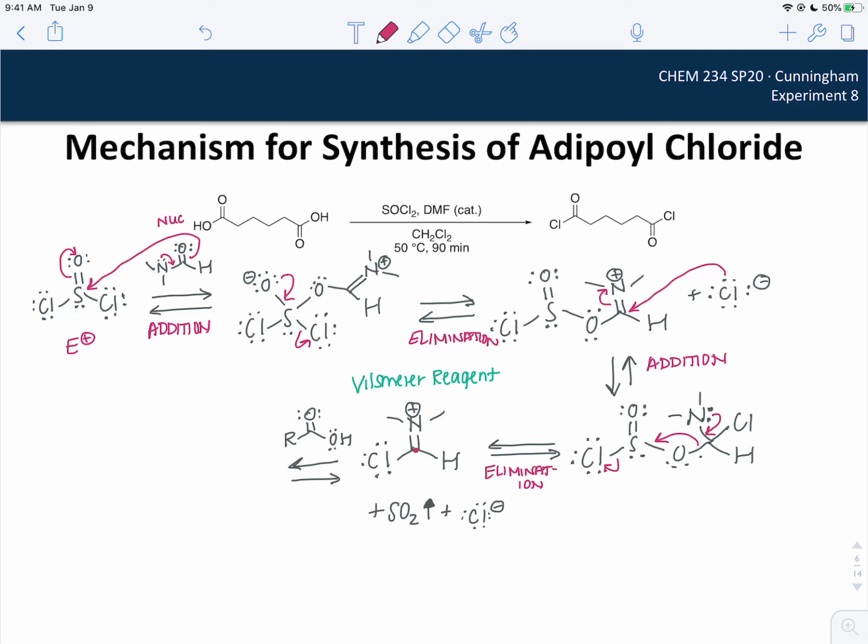Our most electrophilic atom is going to be the carbon here of what looks sort of like an imine or iminium. And our nucleophilic atom is going to be this oxygen atom right here. If you aren't convinced of that, be sure to draw some resonance structures. This mechanism is going to look quite similar to what we saw earlier on.